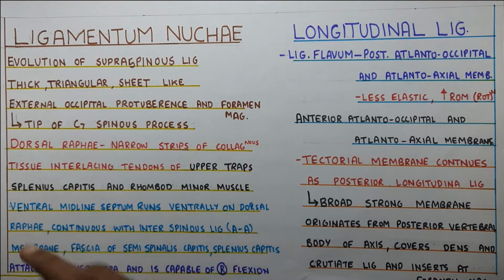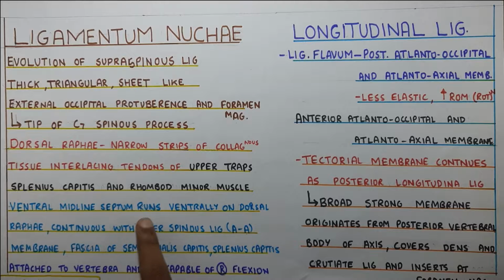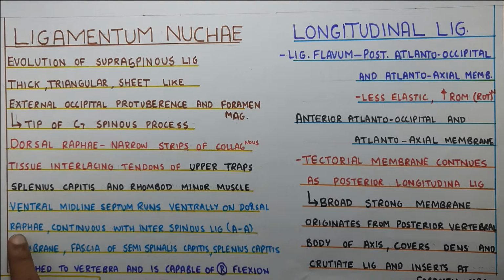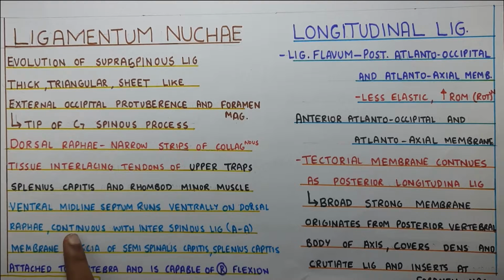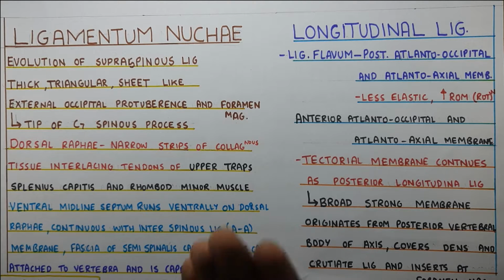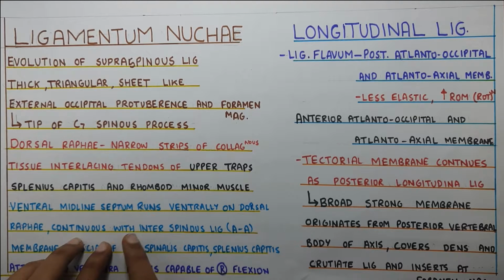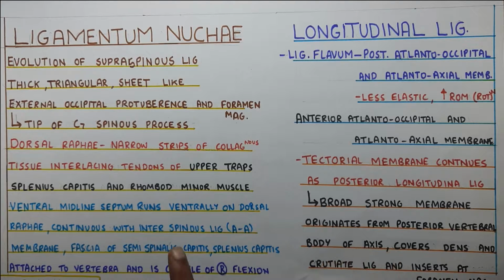And also the other part, that is the ventral midline septum, it runs ventrally, that is more on the anterior side of the dorsal raphe, and it continues with the interspinous ligament. So it is more on the anterior side of your body, and it is in very close contact with the supraspinous ligament, interspinous ligament, and the AA membrane. What is AA?